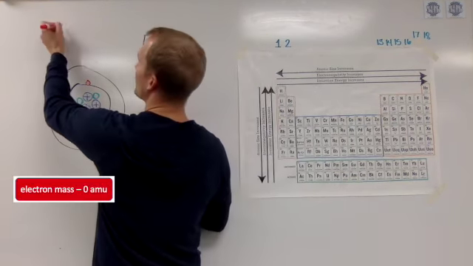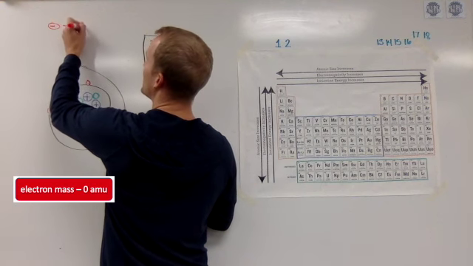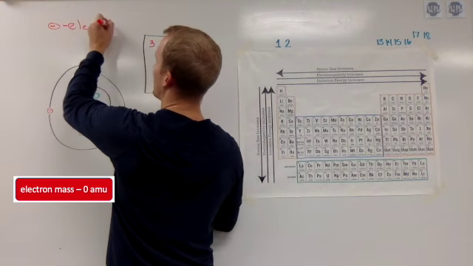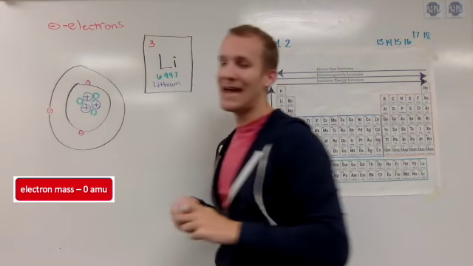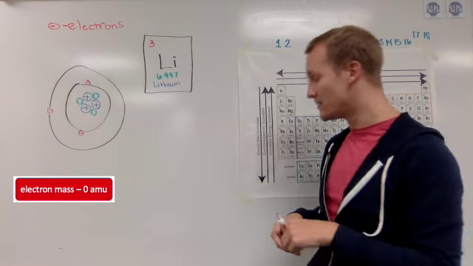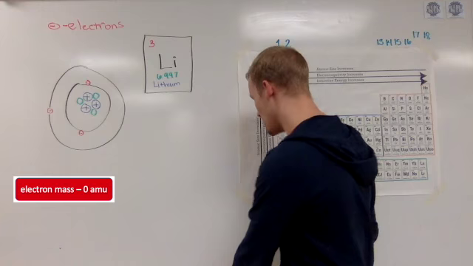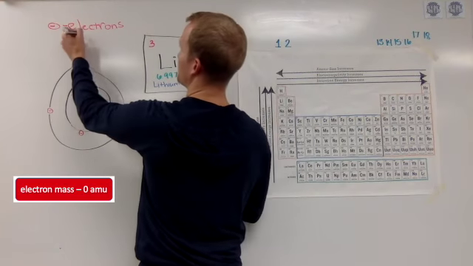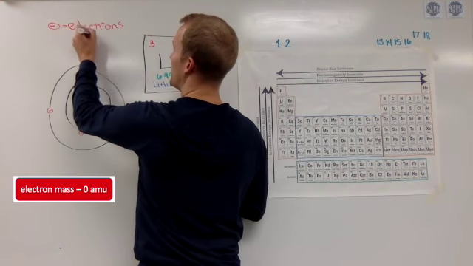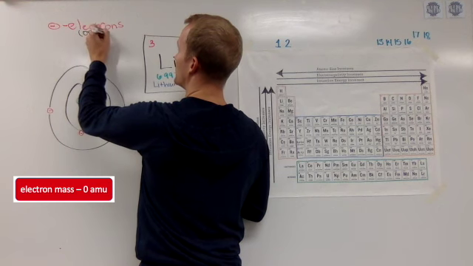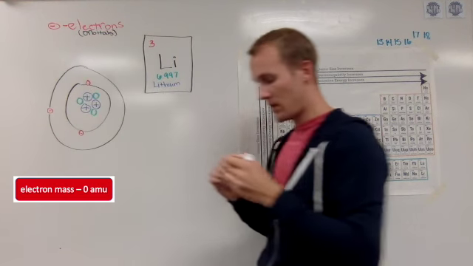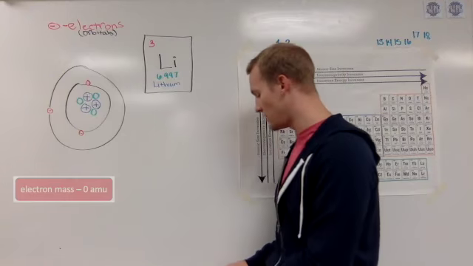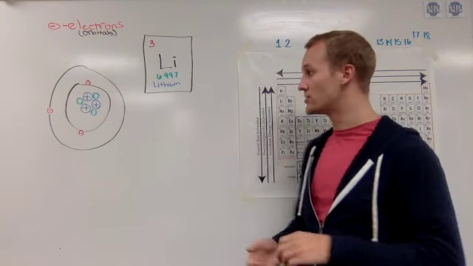Remember, these negative red dots are going to be our electrons, okay? These electrons hang out around the atom in a space known as orbitals, okay? Those electrons hang out in spaces called orbitals surrounding the nucleus. So they are not within the nucleus and they are negatively charged.